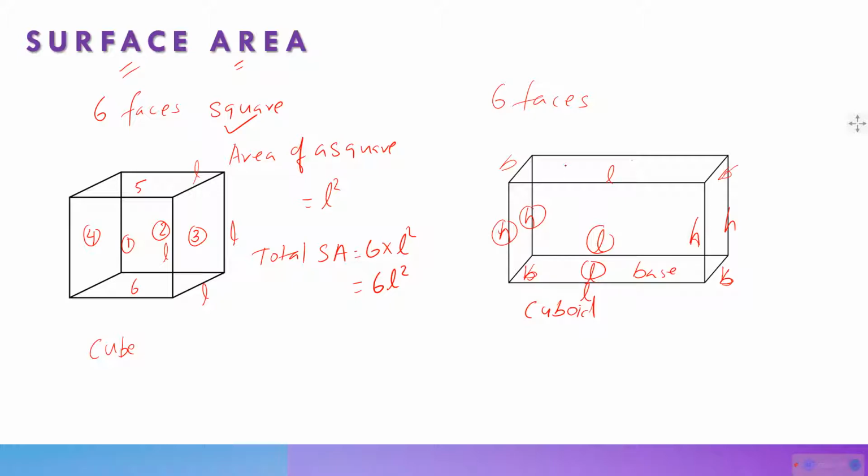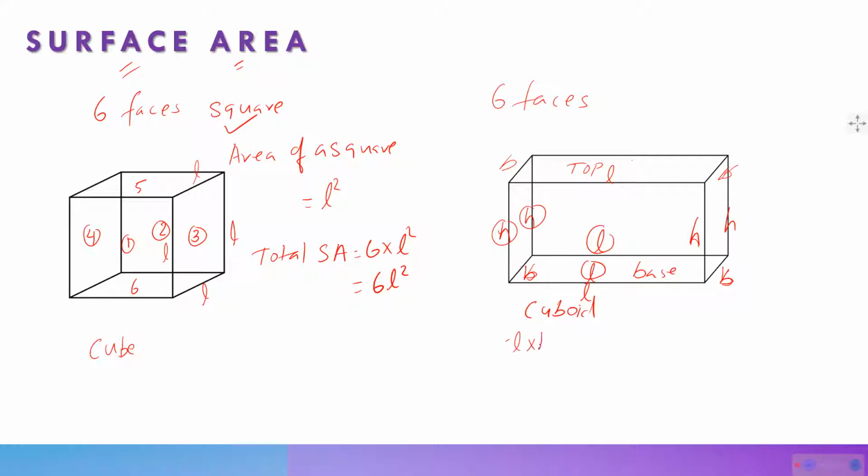If I think of top and bottom, considering this as top, there is a length into breadth here, length into breadth here. That way there are 3 sets of faces here. So 3 sets or 3 pairs, thereby it becomes 6 faces. So we developed a formula last year itself.